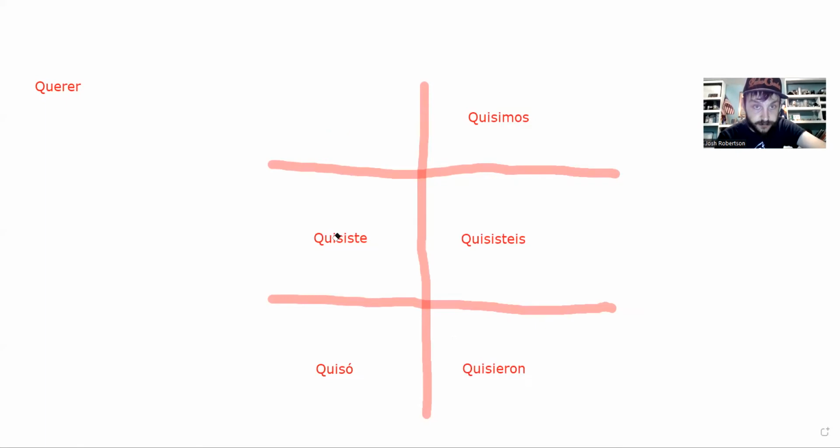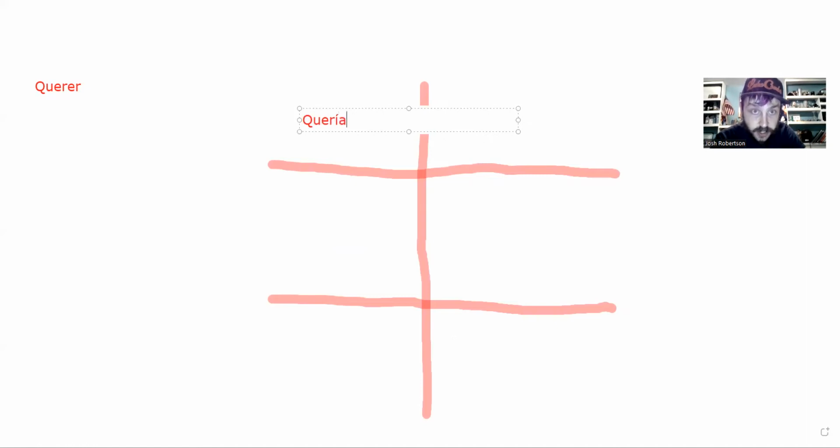Imperfect indicative. Yo quería. Tú querías. Él, ella, usted quería. Nosotros, nosotras queríamos.